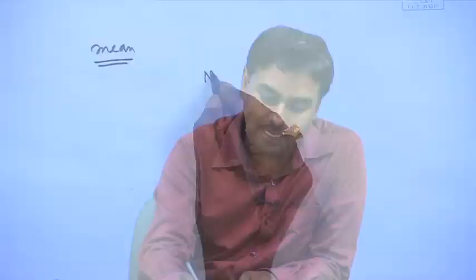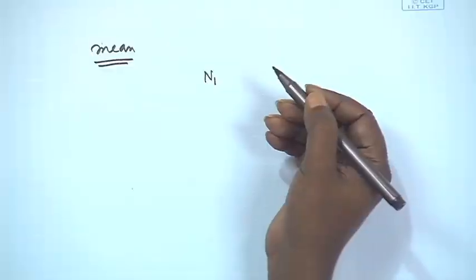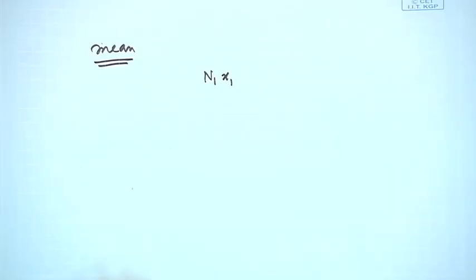So, what will happen? After doing that we wish to calculate the average. We ask, how many of you are between 4 and 5? We take that number, let us say N1. For each of them, the value I evaluate is 4, or I can take that as 4.5 also. Whichever I take, it is N1 times that value, let us say x1.